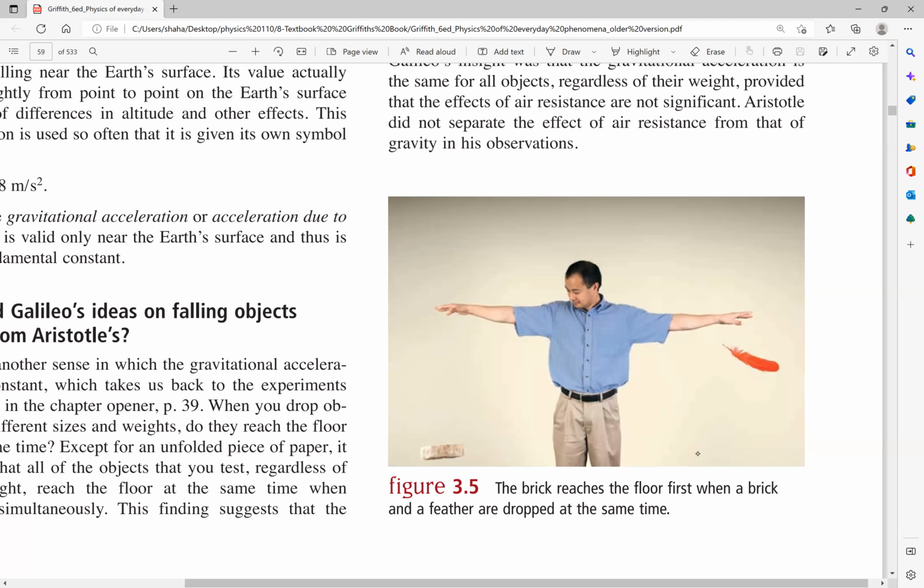Here, because of the air resistance, the feather is much slower than the brick. In general, if you have air resistance and a very light object with a flat surface, falling object equations are not valid for this specific material or for this specific sample.